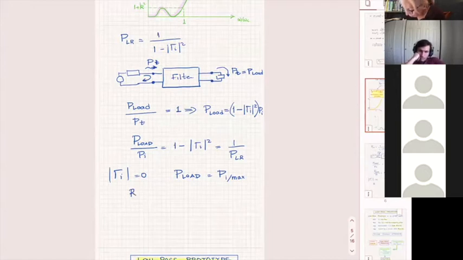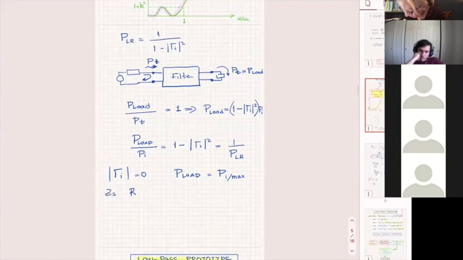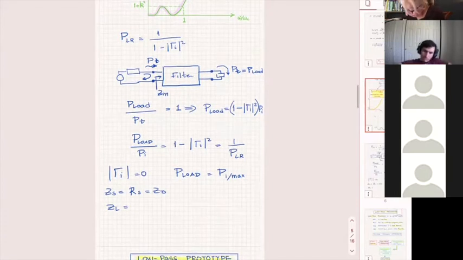Okay, if your source impedance is RS, is Z naught, and your input impedance here rather than the load, all right? Your Z in here, because your ZL could be different, but your Z in here is equal to RS.